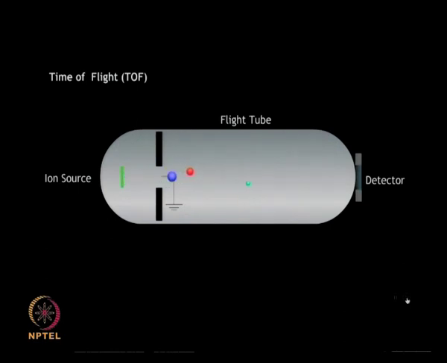Ions of lower masses are accelerated to higher velocities and reach the detector first. The TOF analyzer is most commonly used with the MALDI ionization source, since MALDI tends to produce singly charged peptide ions. The time of flight under such circumstances is inversely proportional to the square root of molecular mass of the ion.